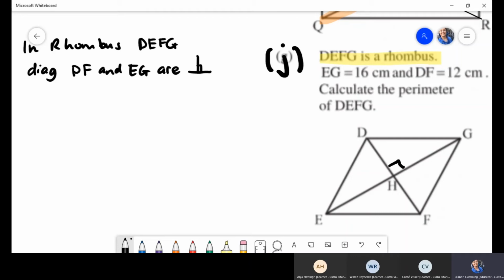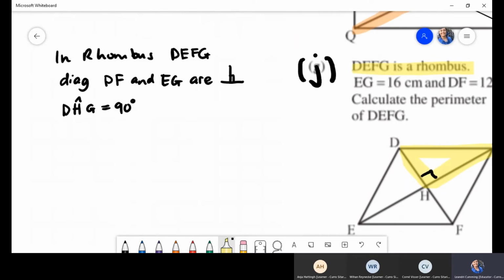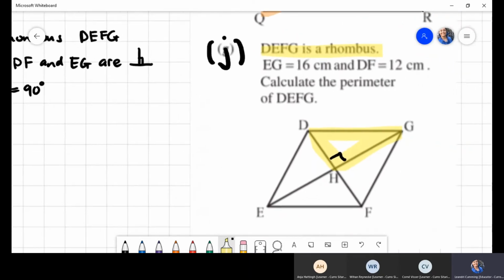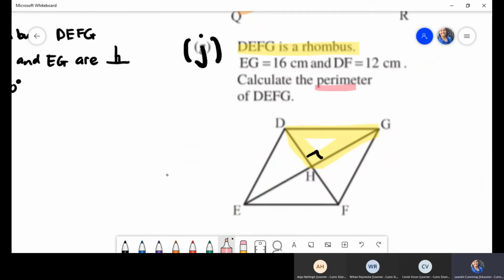That means that angle DHG, because remember what we said, we can't apply Pythagoras if we haven't got a 90-degree angle. Where is DHG? DHG, there we go. There's my 90-degree angle. Why am I doing this? Why am I doing all this work? I'm doing all this work because I want to find the perimeter. Always remember, go back to what you want. You want the perimeter. Why do you need this if you want the perimeter?